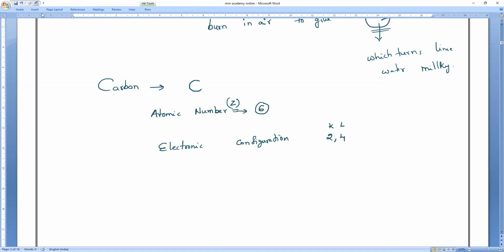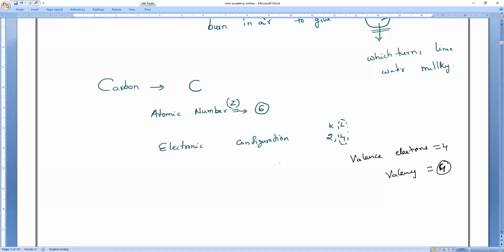So what are the valence electrons? Valence electrons are 4. So the valency is also 4. Because of this, it is not possible to remove the 4 electrons from a carbon atom, or to add 4 electrons to a carbon atom.